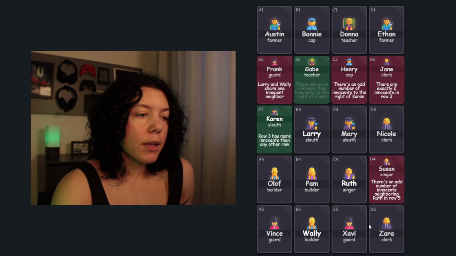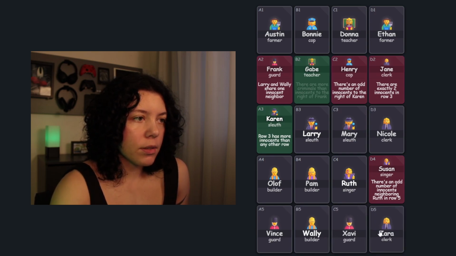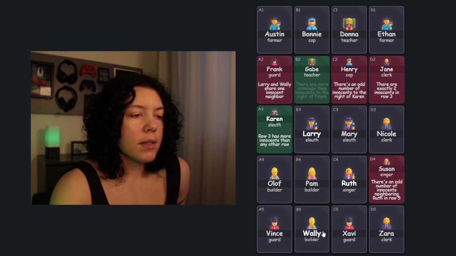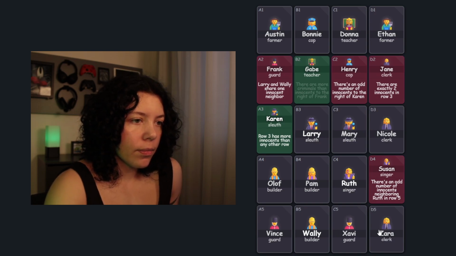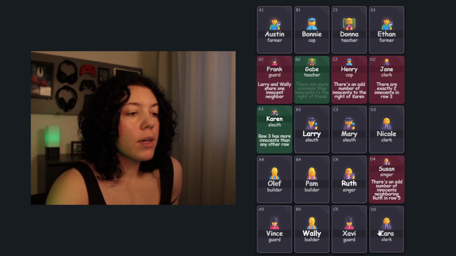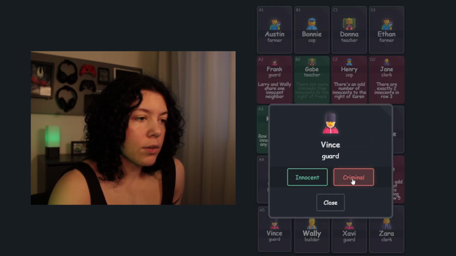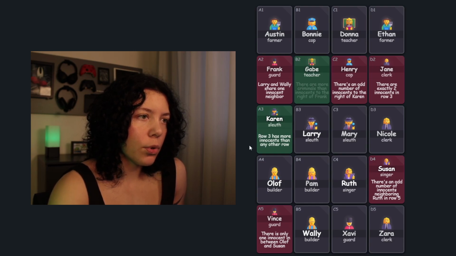But we know that she can't have 2 or more innocent neighbors in row 5, because we already know that no rows other than row 3 can have 2 or more innocents. So there's only 1 innocent here. And since we know that there is 1 innocent here neighboring Ruth, Vance is a criminal. So that's the same logic going sort of rolling down here, which is interesting.